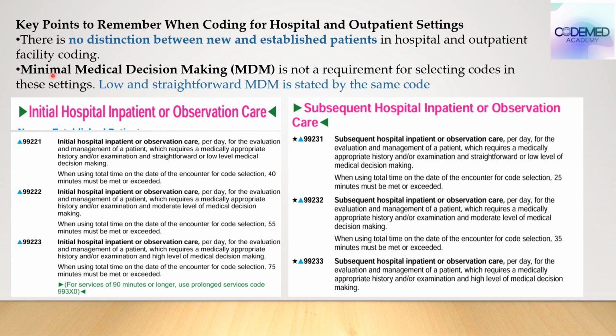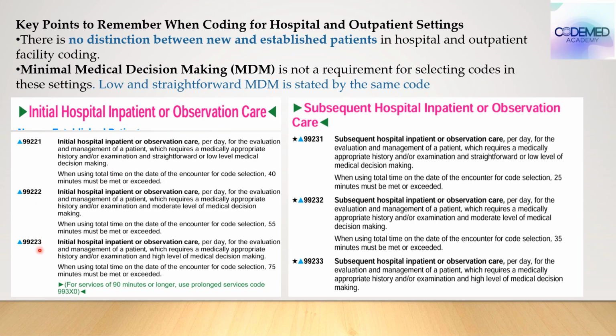And secondly, minimal medical decision making is not a requirement for selecting the code in this setting. Low and straightforward MDM is stated by the same code. So you can see that for 99221, we have a straightforward or low level of medical decision making. So we have only three codes.